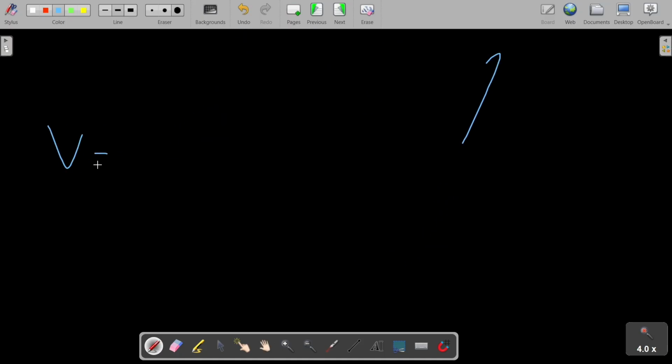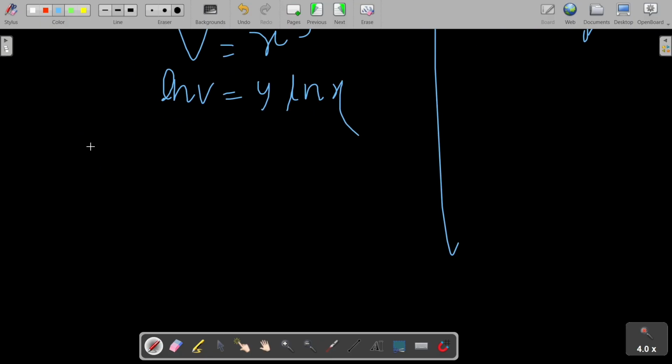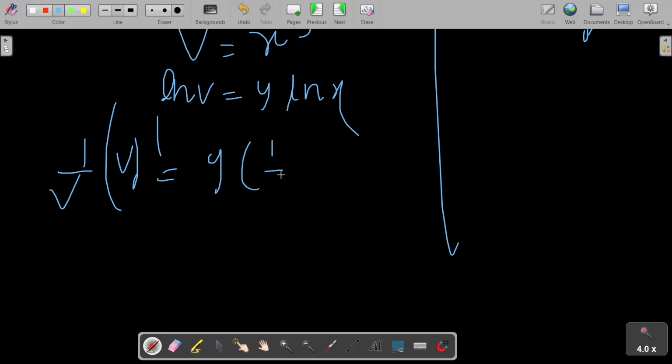Okay, so I get v as x power y and u as y power x. Ln v is equal to y times ln x, and this is 1 over v times v prime. Okay, and this is y times 1 over x plus ln x times y prime.